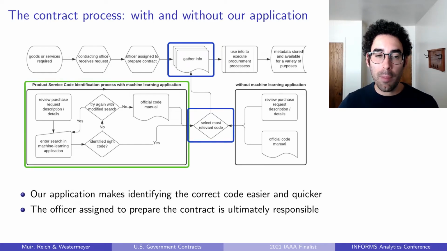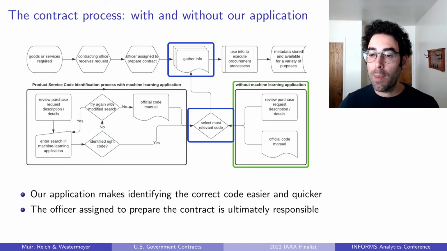So with our app, that person will review the request and the description details. They can search in the application. If they don't get the right code, they can try again, search again, repeat, just like you do if you don't get the right set of results when you search on Google. If the application is not giving you what you need, you always have this backup option of returning to that PDF manual that we looked at.